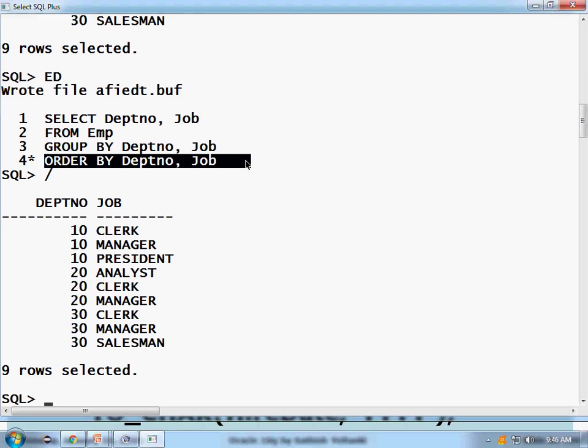So can the order by clause contain one column or multiple columns? Multiple. But what is the rule? All these columns should be part of the group by. It cannot be anything other than the group by. Be very sure about this construct.